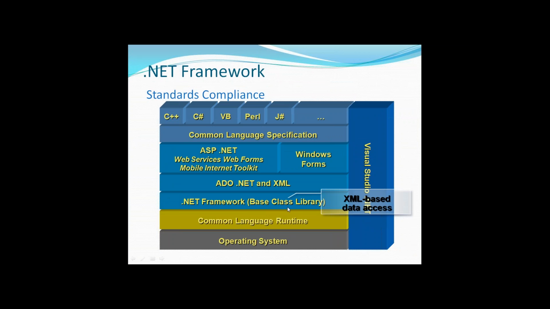Now understand, the base class library is a collection of all the data access, for example your methods, inbuilt classes and inbuilt files that you can access directly. ASP.NET is a web application framework that provides web services. And the common language specification provides interoperability by using C++, C Sharp, VB.NET.